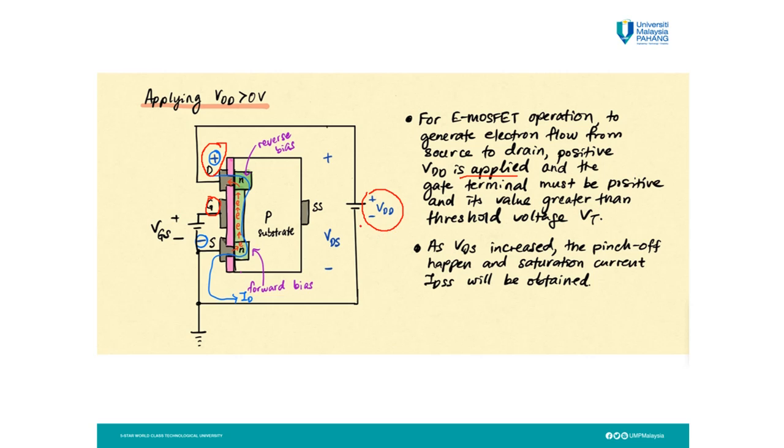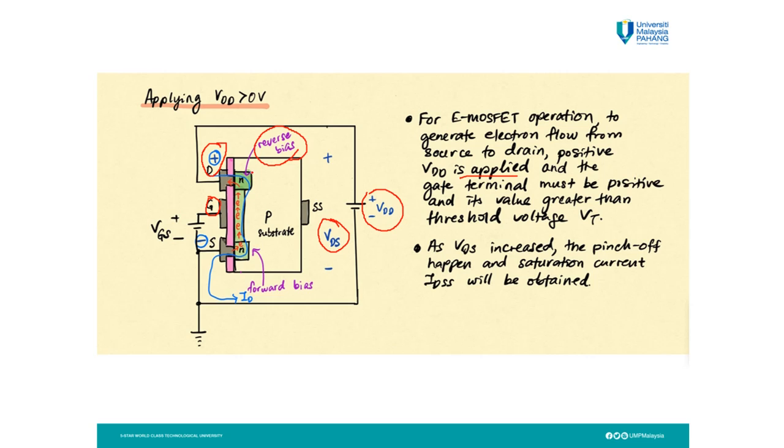As this VDD or VDS is increased, the reverse bias occurs here, and the resistance in this area is getting higher.